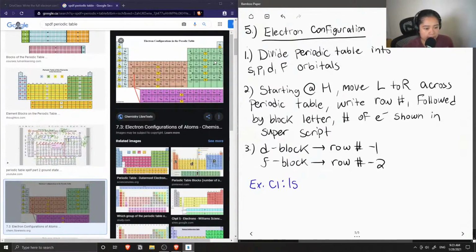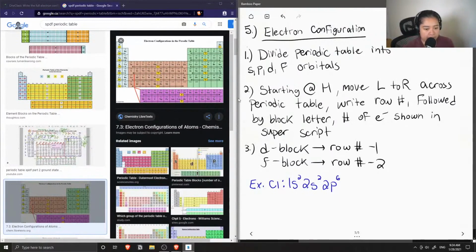S orbitals can hold 2 electrons, and this shows the electron configuration of helium. Then let's go to the next row. We have 2s2, and when we get to the P block, the p orbital can house 6 electrons, so we write 2p6. This only brings us to neon.